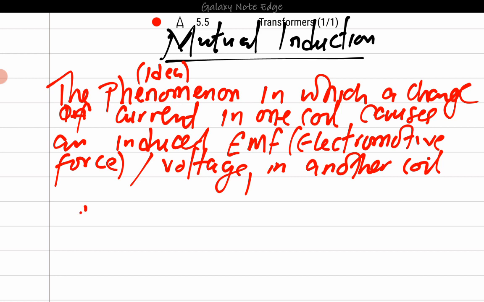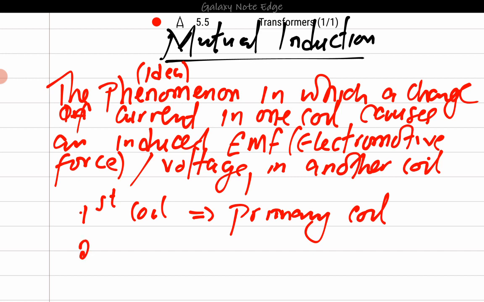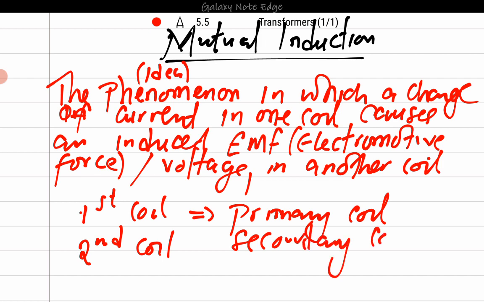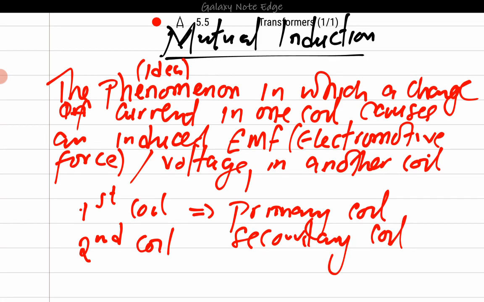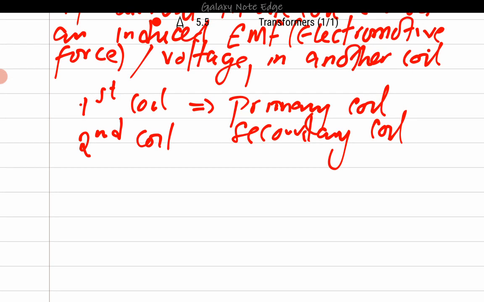So the first coil is considered as the primary coil, and the second coil is known as the secondary coil. So when we look at a simplified diagram of a transformer, we are going to see exactly how these two coils are related to each other.